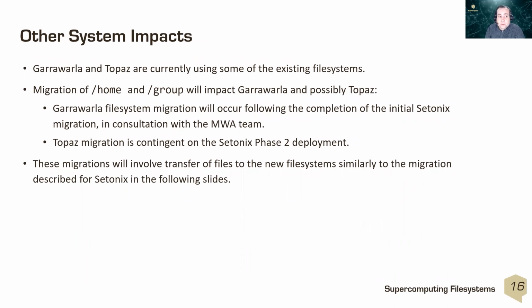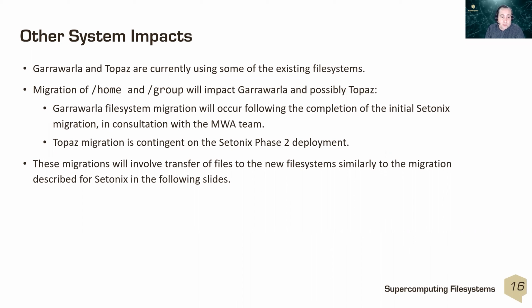In terms of other system impacts, Garrawarla and Topaz are currently using some of the existing file systems that we are planning to decommission later in the year. And so there will need to be a migration of home and group that will impact Garrawarla and Topaz. So for Garrawarla, we'll be following up with the MWA team to make sure that happens smoothly.